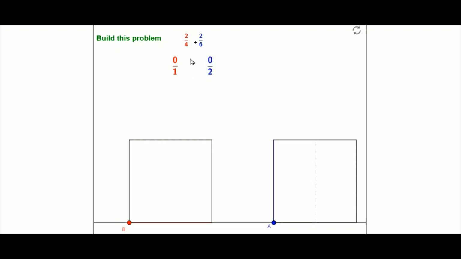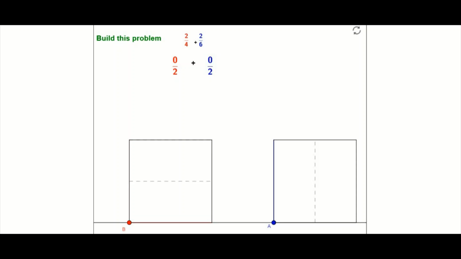So now we are asked to add 2 quarters plus 2 sixths. Now let's make our representation. So the denominator tells us the amount of equal parts that we should have. So I should have 4 equal parts. I have 1 already, so I'm going to add 3 more.